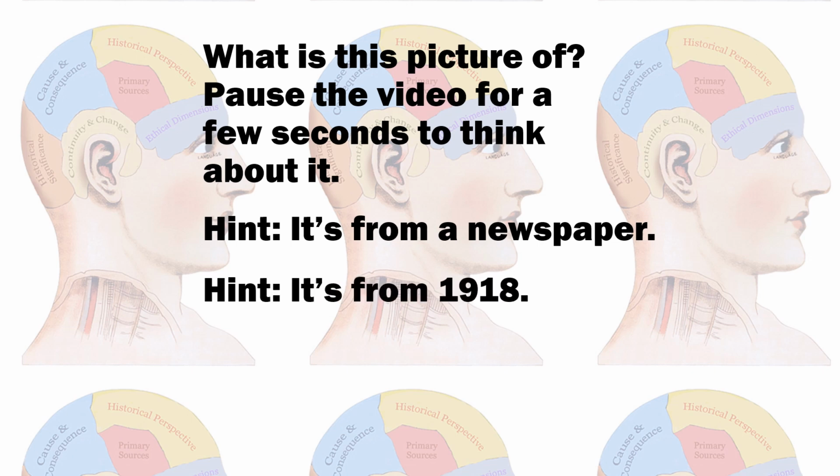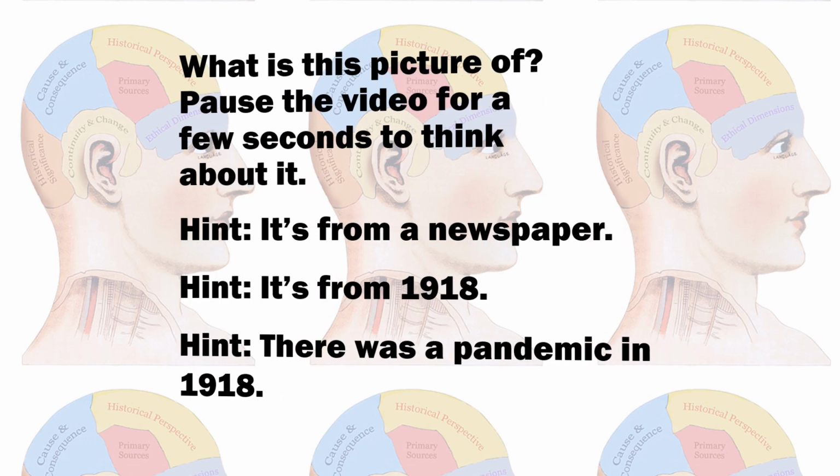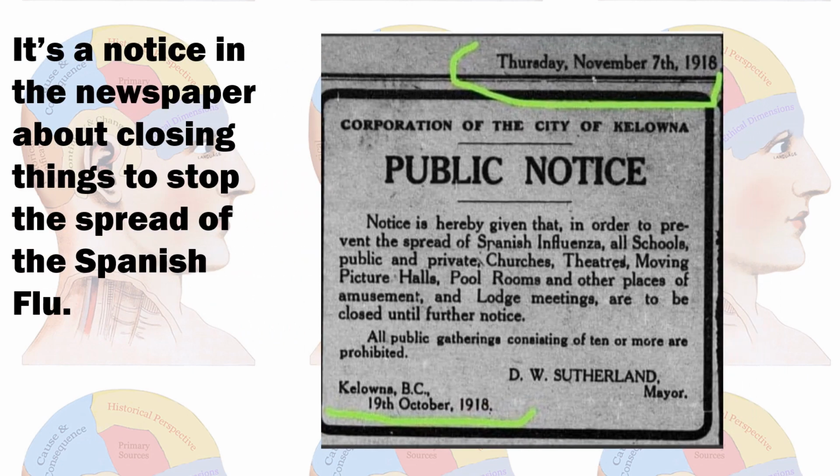It's from 1918. There was a pandemic in 1918. So this is a notice in the newspaper about closing things to stop the spread of the Spanish flu. You'll notice that schools were closed in 1918 as well.